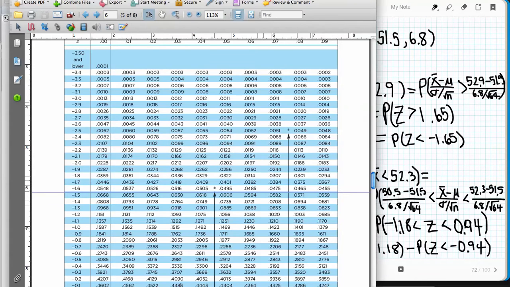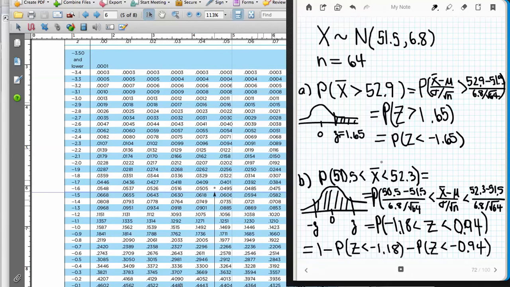Here's 1.6, and the 1.65 would be right there. So we have 0.0495, and that would be the probability of getting an average in this population that's 52.9 or larger.